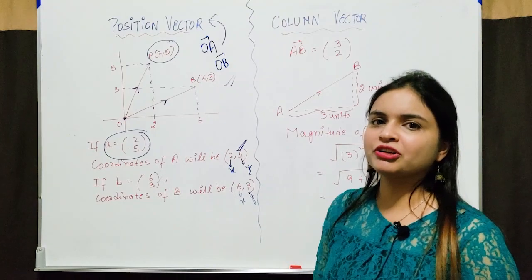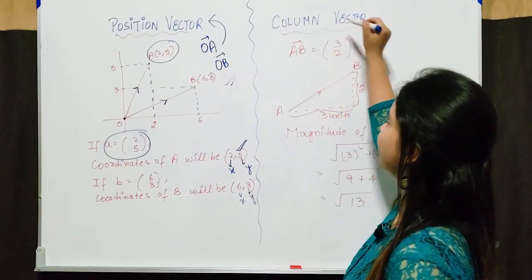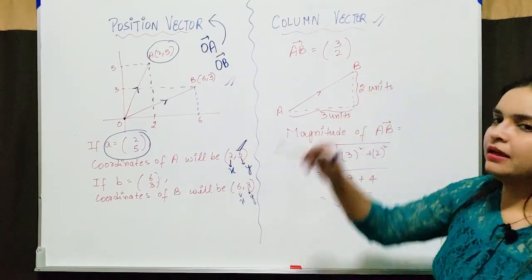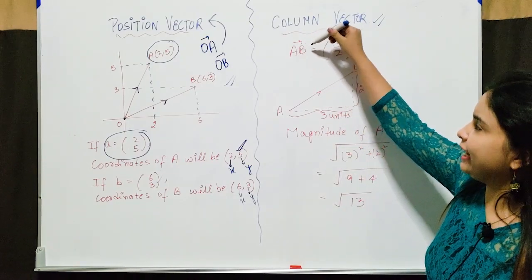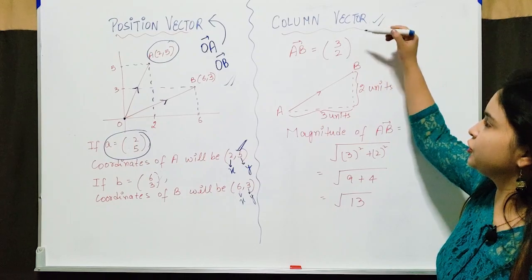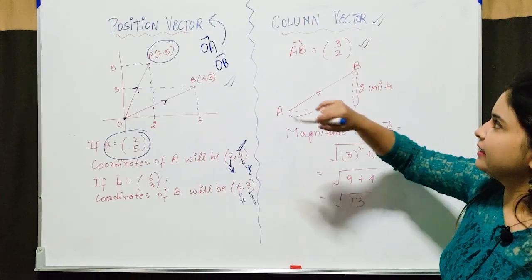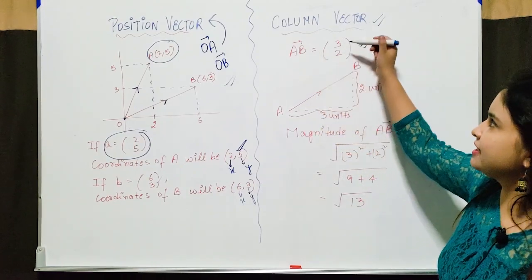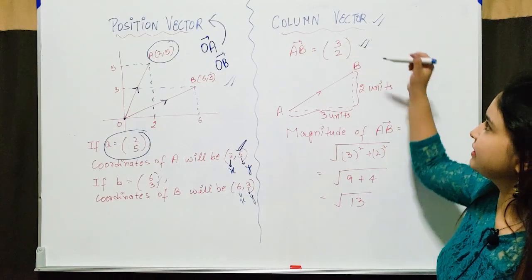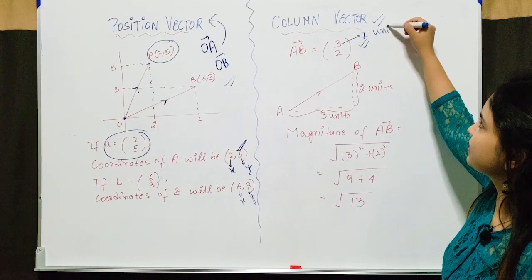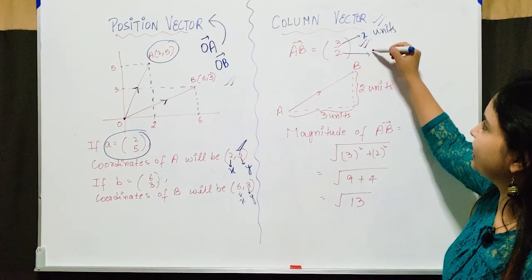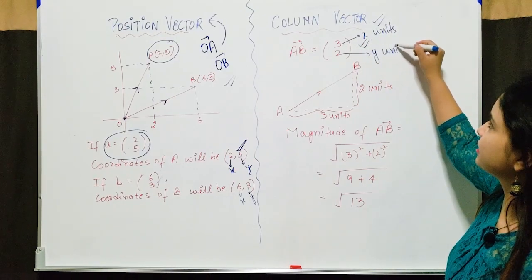Now, we can also represent our vector in column vector form. Suppose I have a vector AB equal to (3, 2). That means this 3 is x units and 2 is y units.